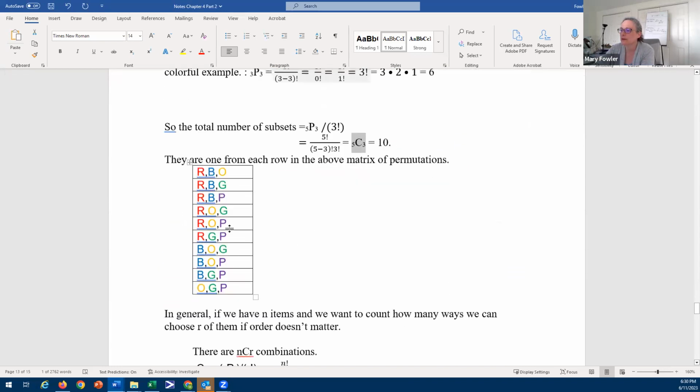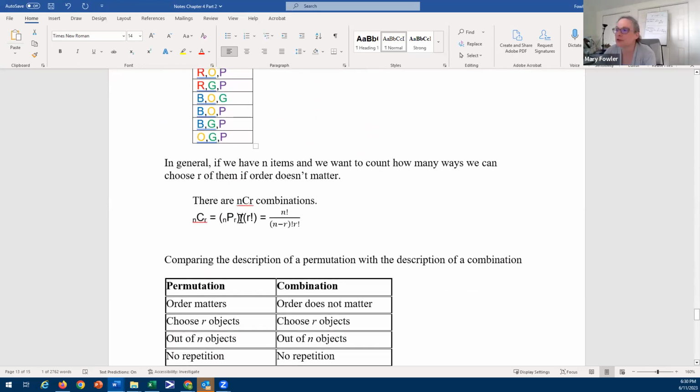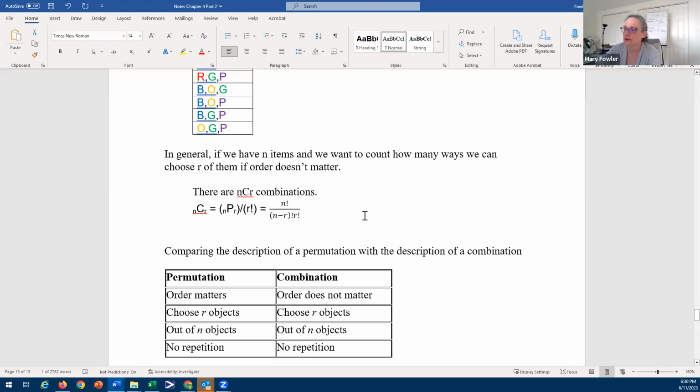Okay. All right. So in general, the general result is nCr combinations. In general, if we have n items and we want to count the number of ways we can choose r and order does not matter, then there are n choose r combinations, and that's n factorial over n minus r factorial times r factorial in the denominator.